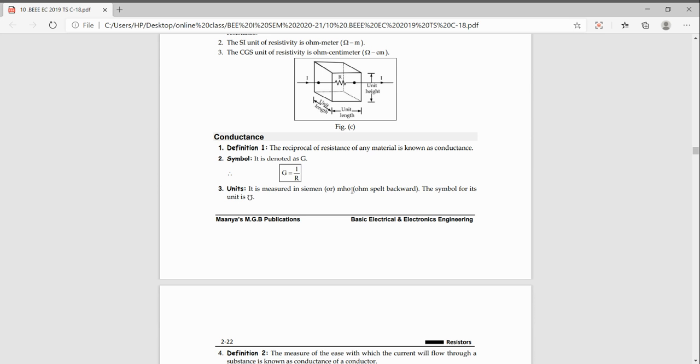Siemens is also called mho. Resistance units is ohms and conductance units is mho.